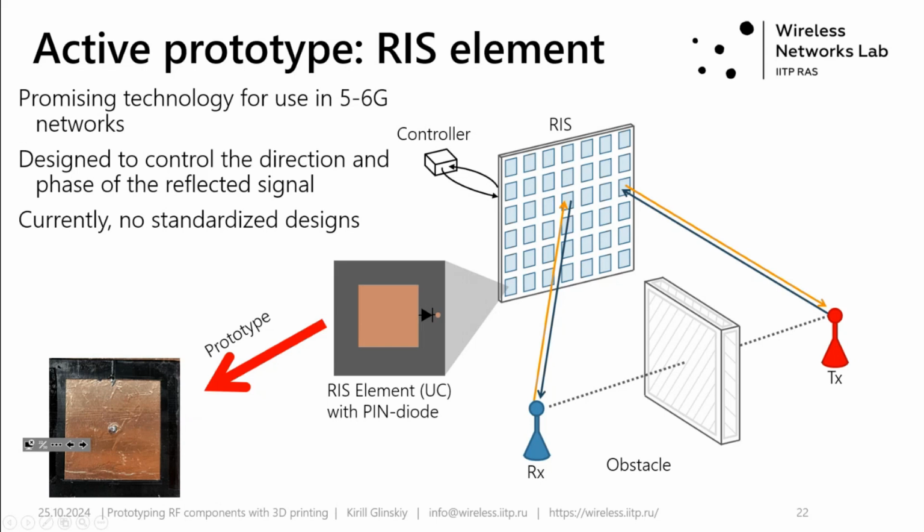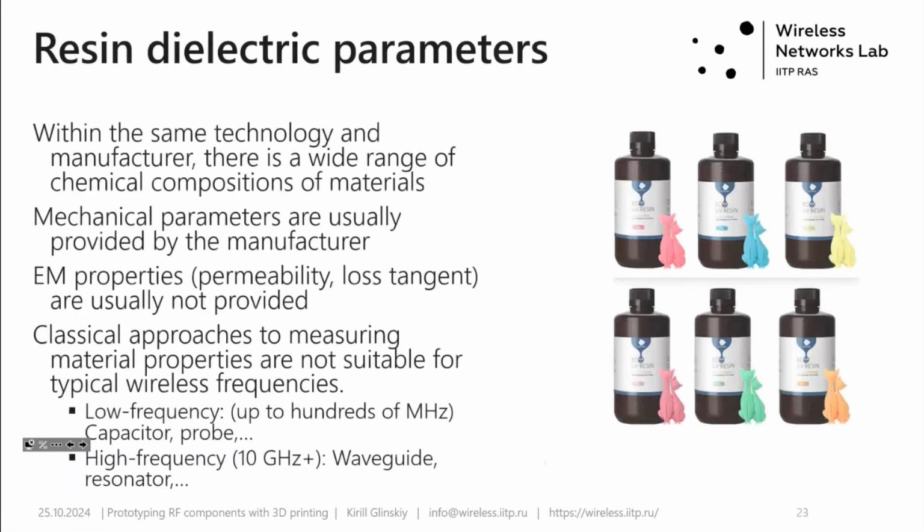So what have we used to make this reconfigurable surface cell? We aimed to use SLA technology, stereolithography, because of its key advantage: the high temperature resistance of the resins used in stereolithography. They can survive soldering with no issues.